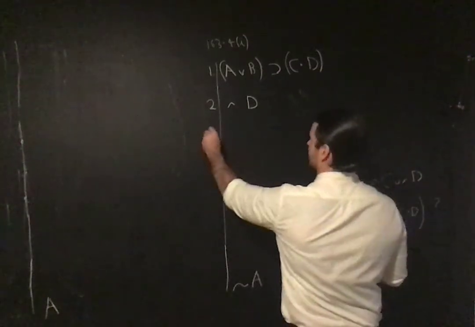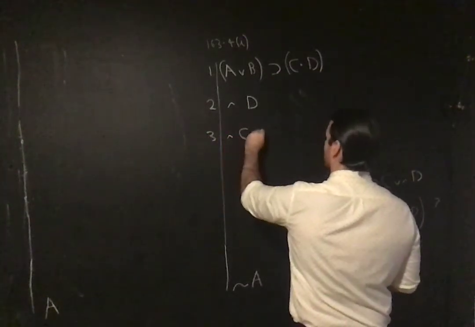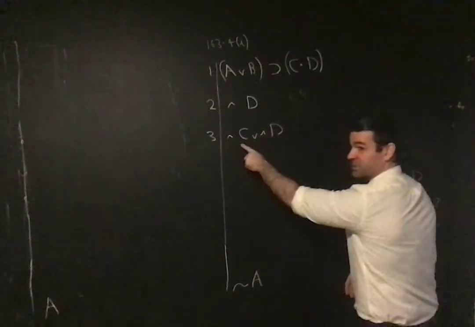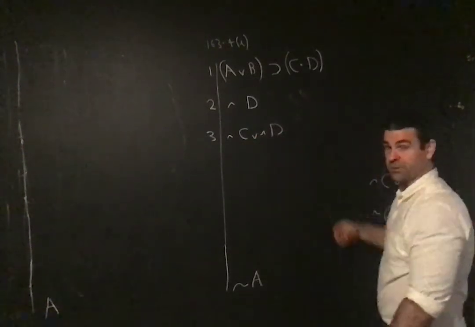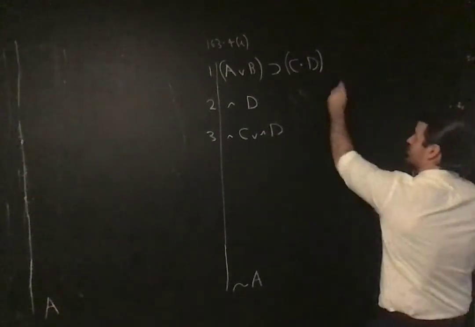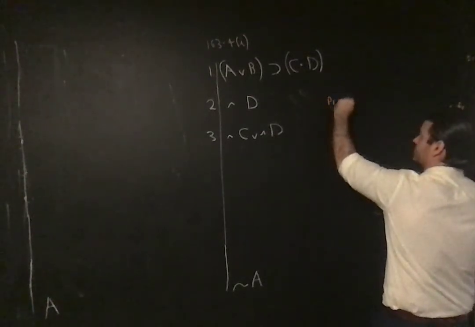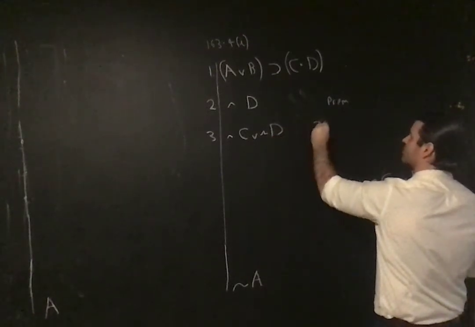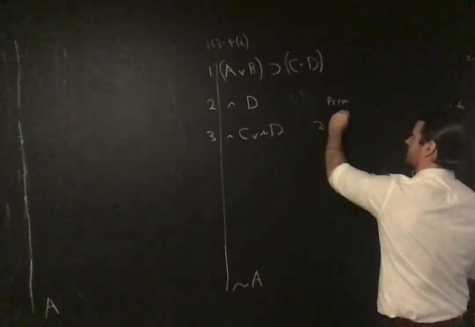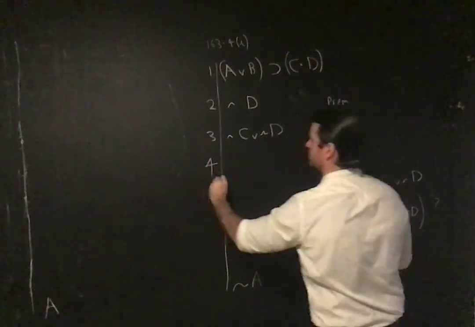But you can do this by addition. Not C or not D, right? I've added to the left. All the other uses of add that we've seen and done, we've added to the right, but you can do that. That was prem. Okay, that's not C or not D. To add. Now I'm home free, you know what to do from here.